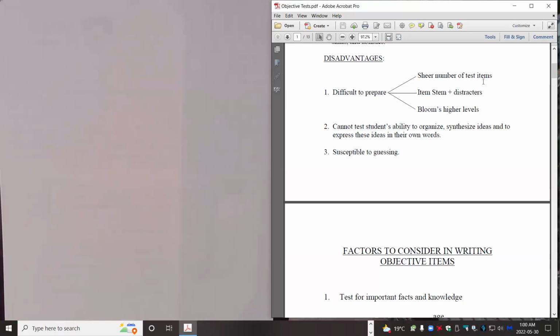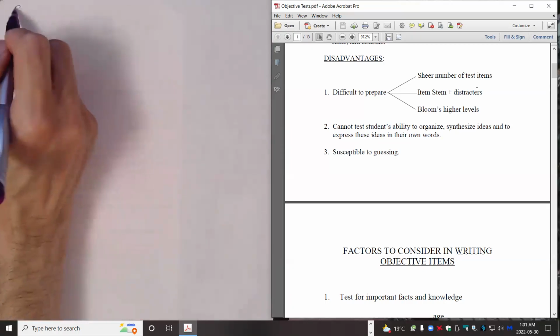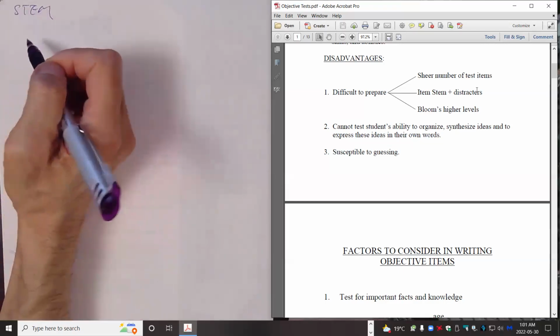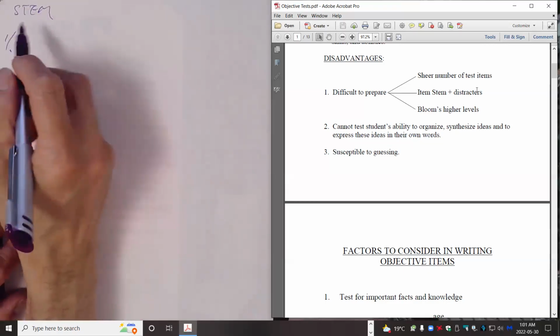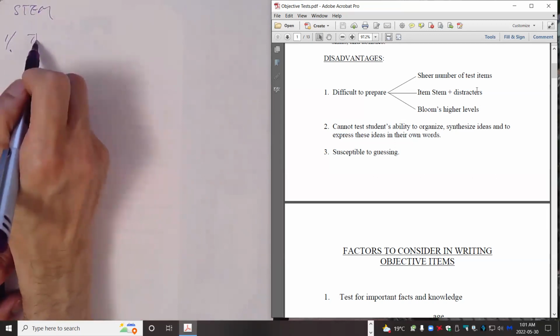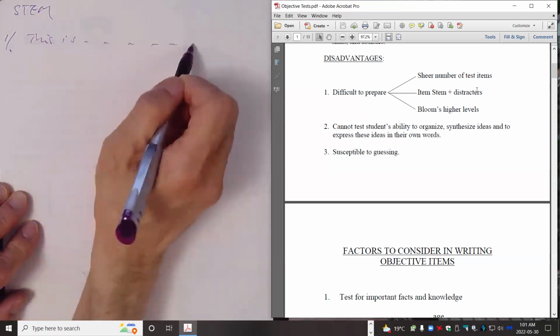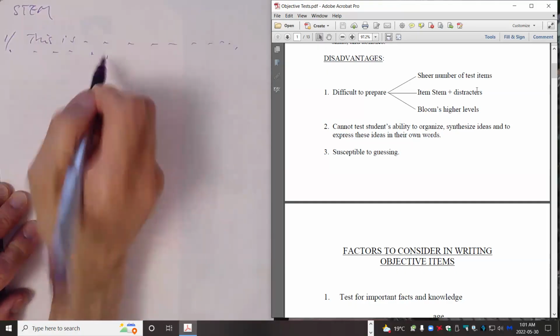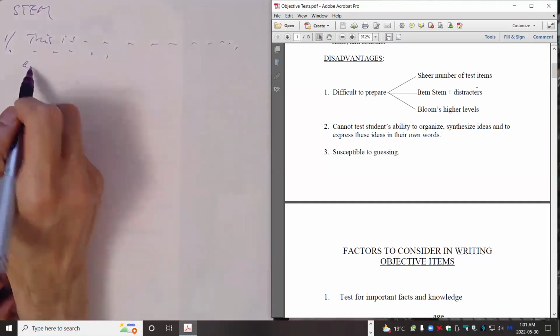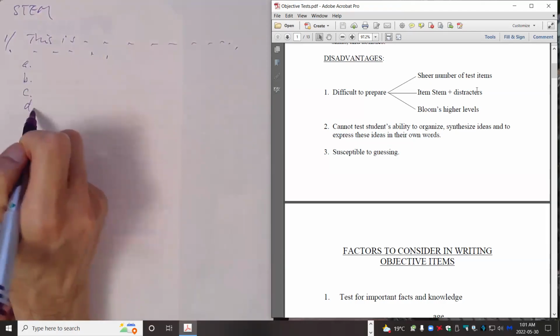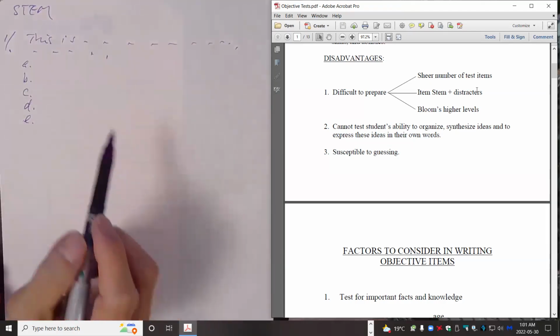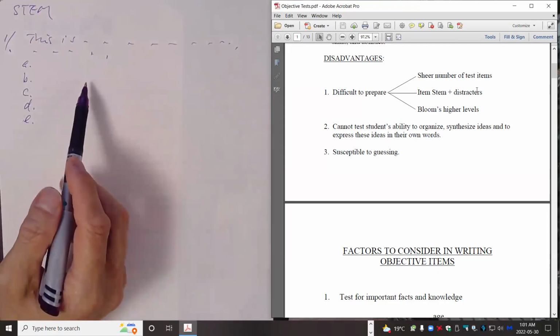Now, for each item, there is a stem. Let's say this is item 1, then A, B, C, D, E. Let's say this is a 5-choice multiple choice.